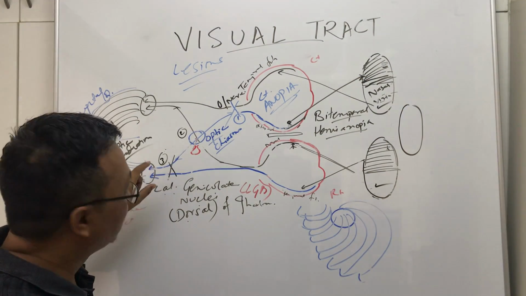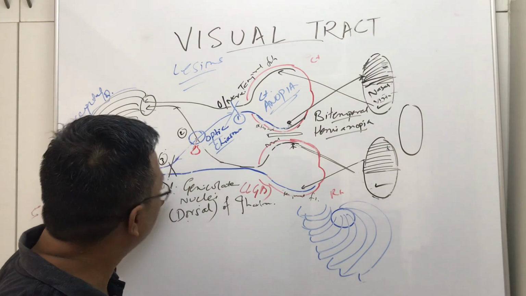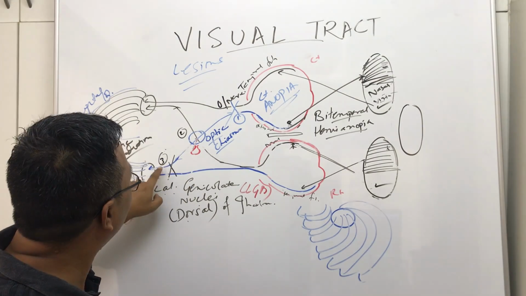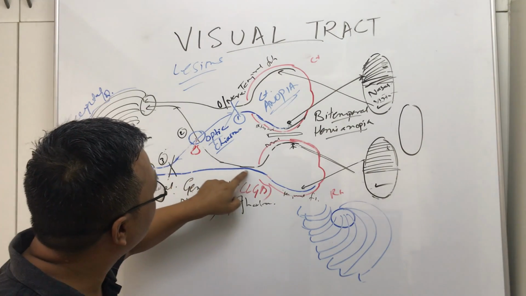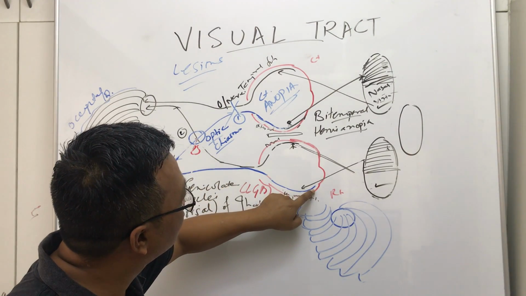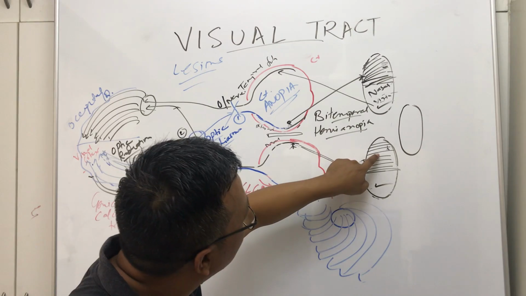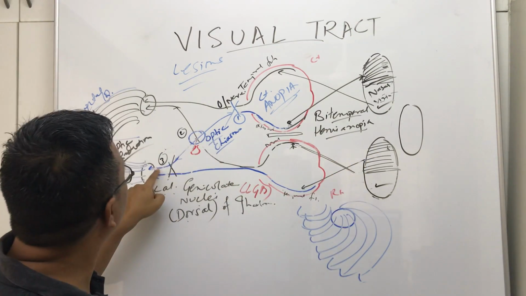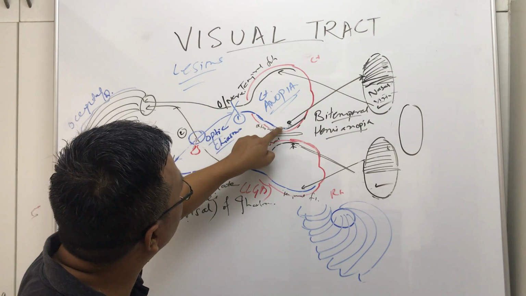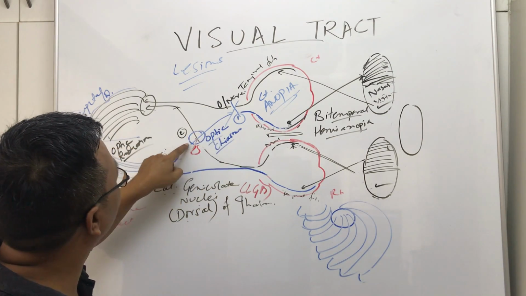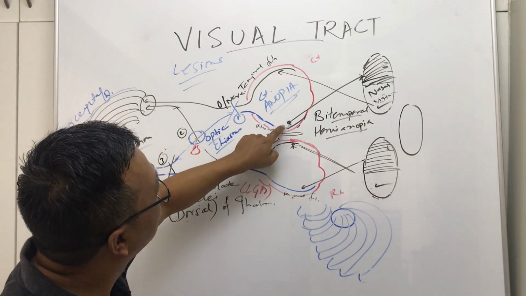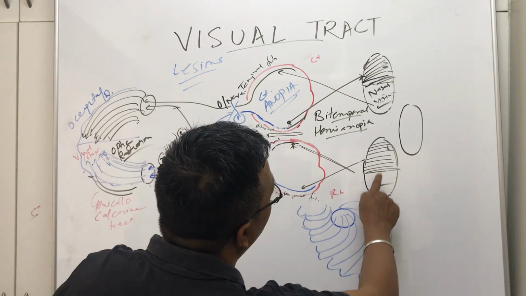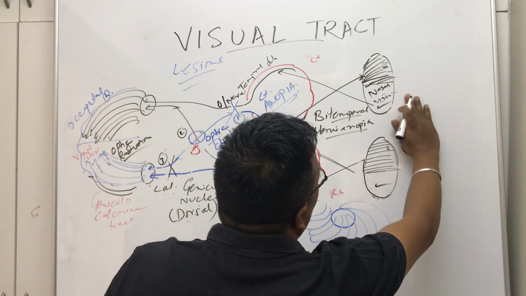If you are confused, please ask me again. So if there is an optic tract lesion on the right side, then right temporal fibers are lost. Right temporal fibers means right nasal vision is lost, and the left nasal fibers, because they cross at the chiasma, are lost, means left temporal vision. So how will it look?